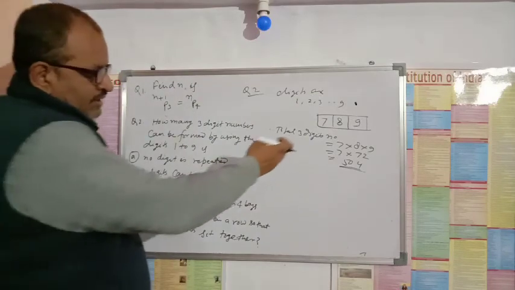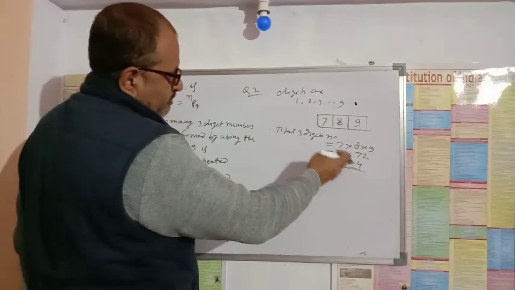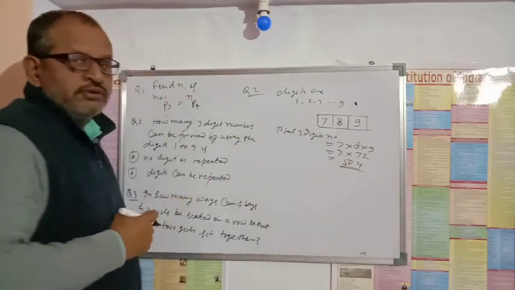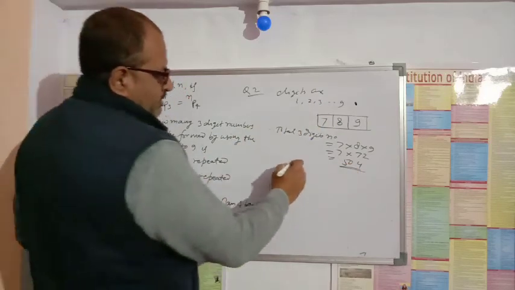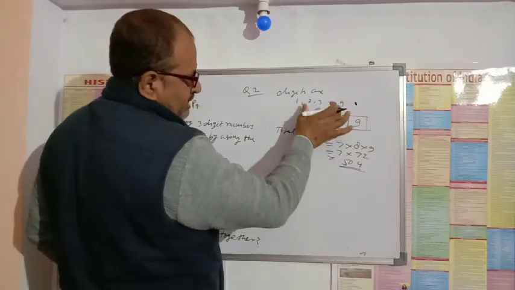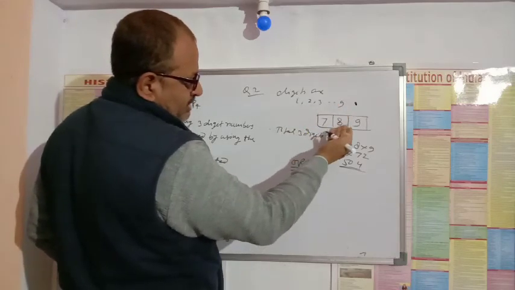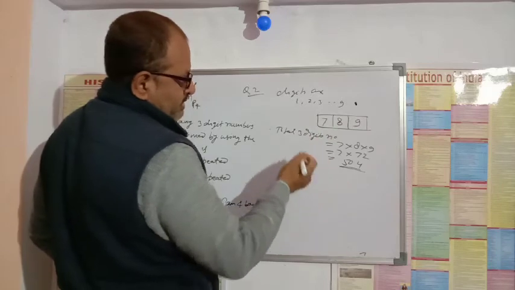So the total number of 3-digit numbers which can be made using the digits 1 to 9 is 504. Or we can also write it this way: total digits 9, and we have to take 3 digits to make the numbers.